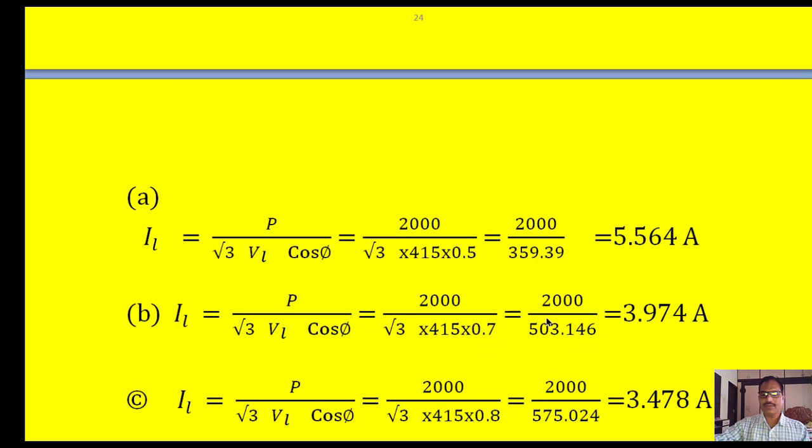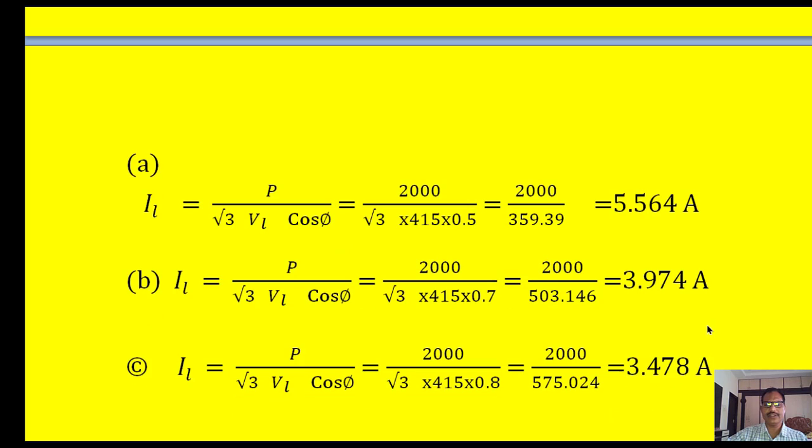Once we simplify it, we get 2000 divided by 503.146. After further simplification, we get the current as 3.974 amperes. So if you look at this, as the power factor increases, automatically the current taken by the load reduces. Earlier it was 5.56, now it is 3.97, so it is reduced.